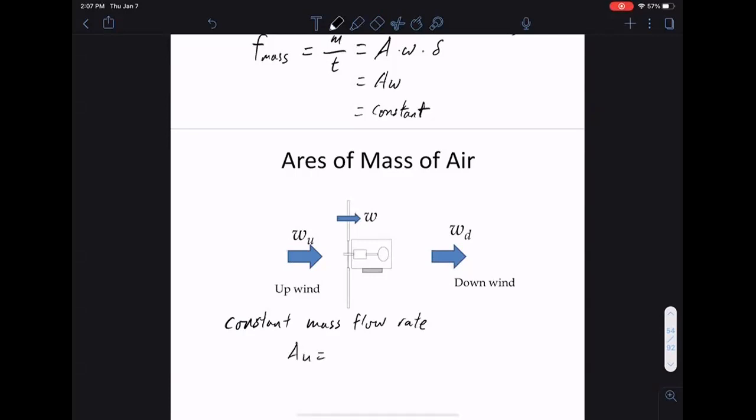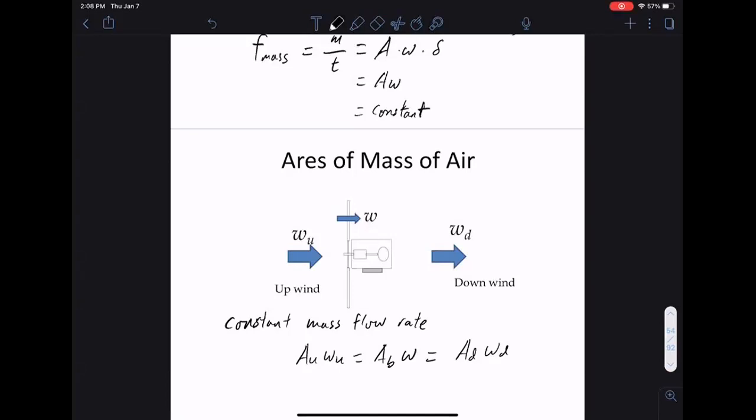So this is A_U times the speed upwind, so this is the area upwind times the speed upwind. This is the area of the blade times the speed at the blades. This is the area downwind times the speed downwind. Okay, so this is the important assumption we'll make. We'll make the assumption that this is constant. This is constant flow rate.